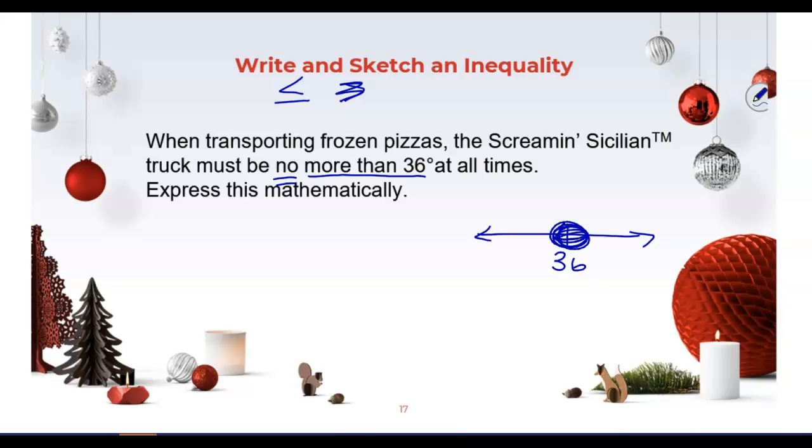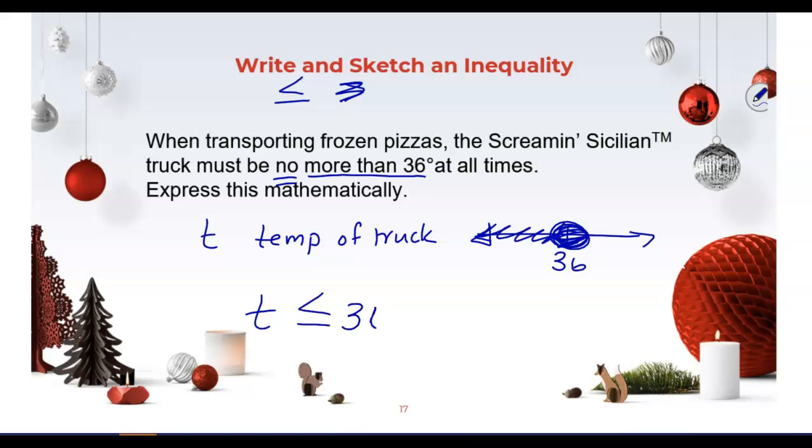So it is including 36 because I can't be more than it, but I can be less than or equal to. So let's say T represents the temperature of the truck. The value of the degree cannot be more than 36 degrees, so that has to be less than or equal to 36.